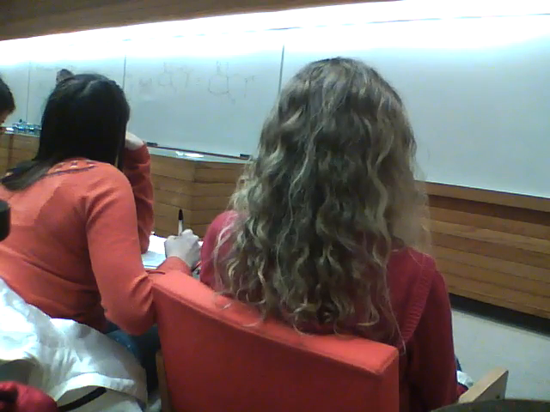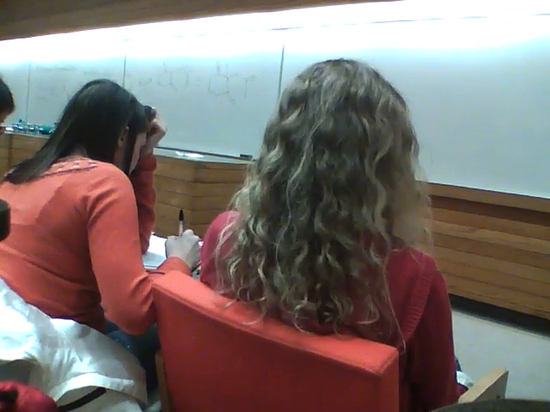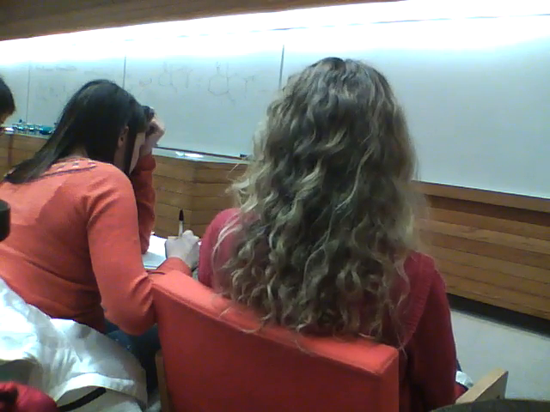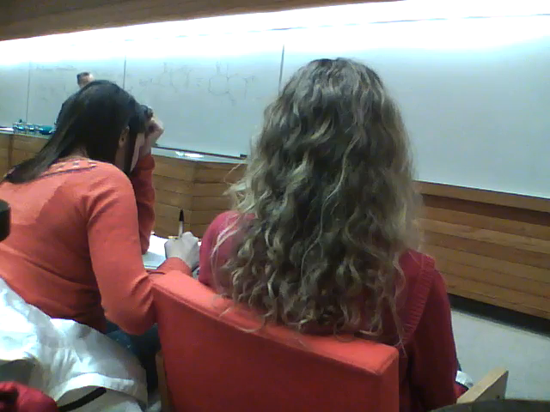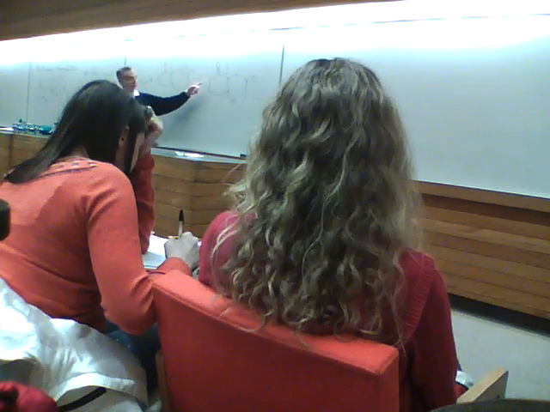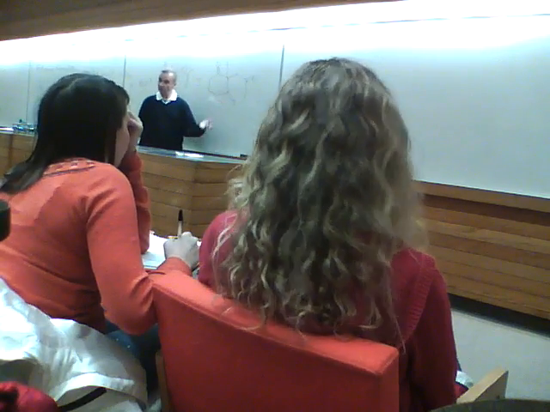a base, hydroxide ion. So the hydroxide ion could attack any of the carbonyl carbons, but it could also remove a proton adjacent to any of the carbons, this one, that one, or that one. And all of those go on.